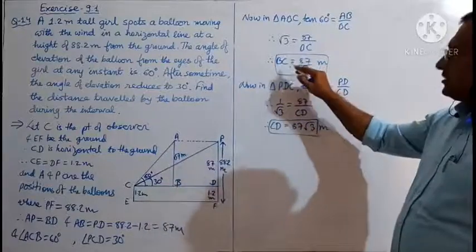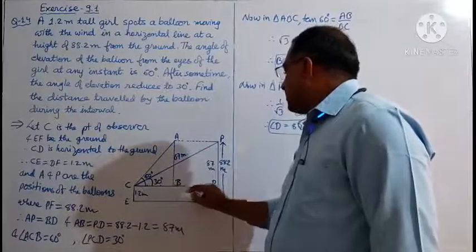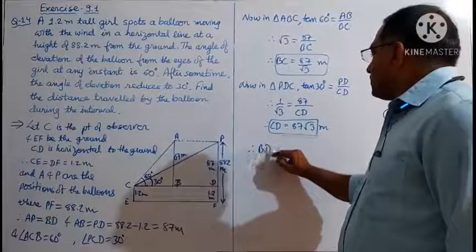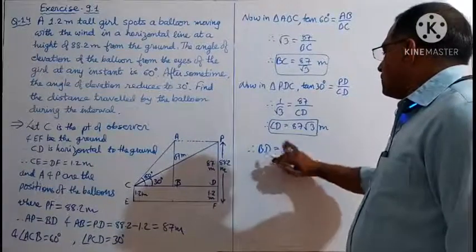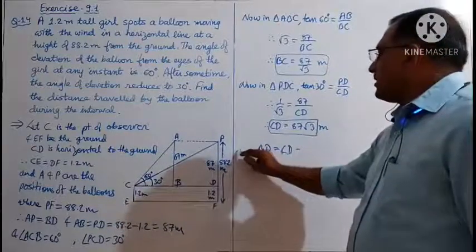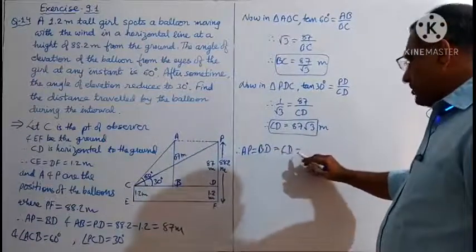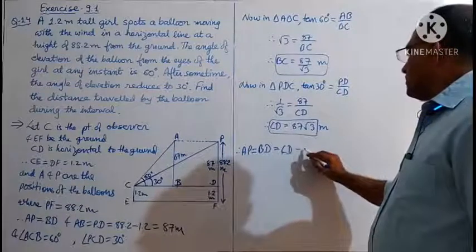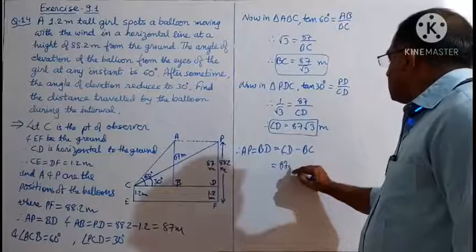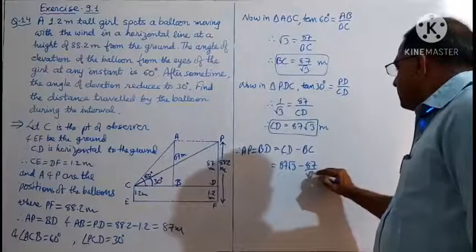Now the question here, BC and CD we got it, but we want to find the distance travelled, that is AP, and that is equal to BD, and therefore AP is equal to BD, and that is equal to CD minus BC. So CD is 87 root 3 minus BC is 87 divided by root 3.